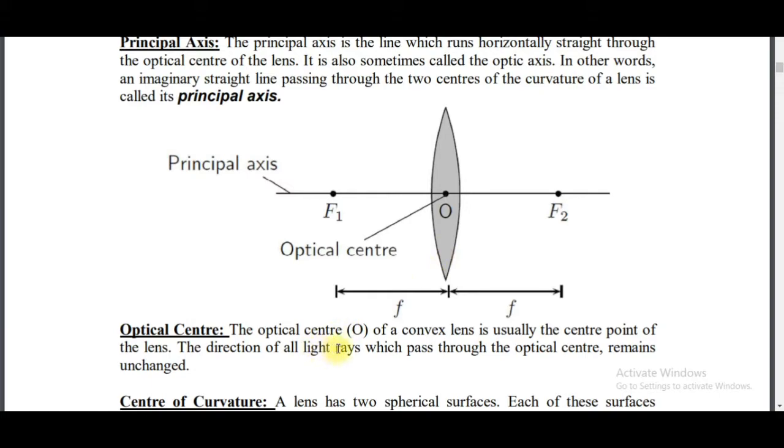The direction of all light rays which pass through the optical center remains unchanged. So if a light ray passes through the optical center like this, it is not refracted in any direction. It can be like this, it can be like this, but as long as it passes through the optical center, the direction does not change.